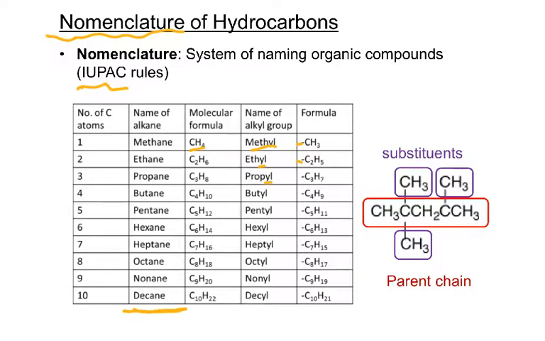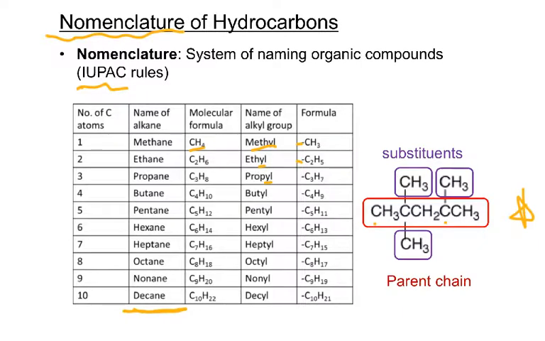So for example, with this branched chain molecule here, what I've circled in red is what we call the parent chain. It's the longest straight chain of carbons. And it has 1, 2, 3, 4, 5 carbons.